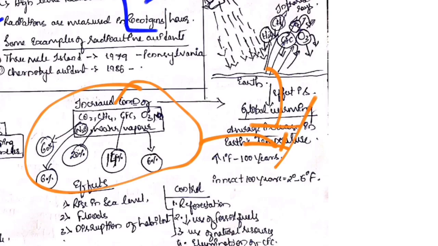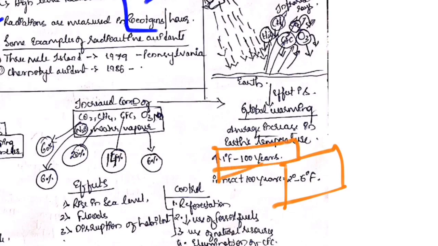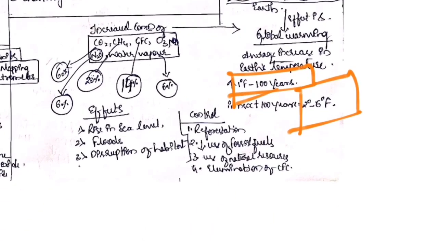It is estimated that in the next 100 years the temperature is going to increase by 2 to 6 degrees Fahrenheit. In the last 100 years it has already increased by 1 degree Fahrenheit. In the next 100 years it may increase by 2 to 6 degrees Fahrenheit. So this is about global warming.